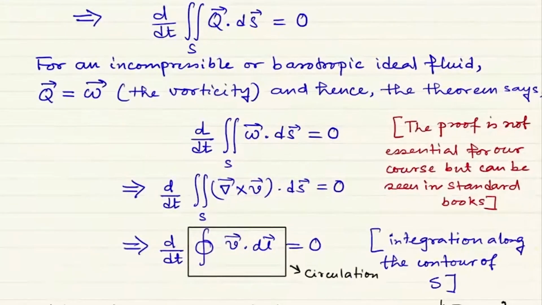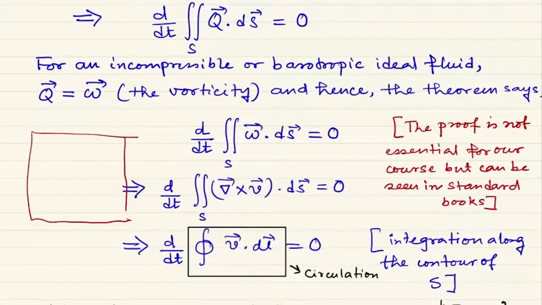That means, let's say we are considering a flow field like this, and inside this flow field we consider some arbitrary fluid surface S. Now as the fluid particles are moving, this imaginary surface will also move.